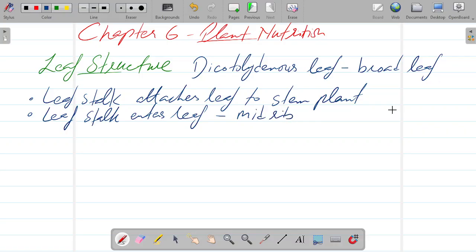So, right, a leaf, and then this thing. Outside, this is the stalk. Inside, this is the midrib.